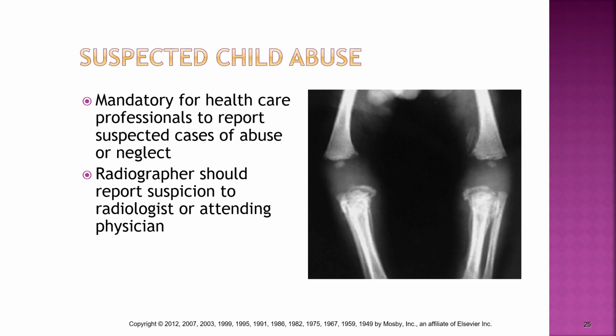Now, most of the suspected child abuse patients, you are going to x-ray. They already know. They already have separated them from the parents. There's already a social worker assigned. They're already in a protective ward of the state by the time we get to x-ray them. Okay. It is extremely rare that the radiographer is the one that makes the discovery.